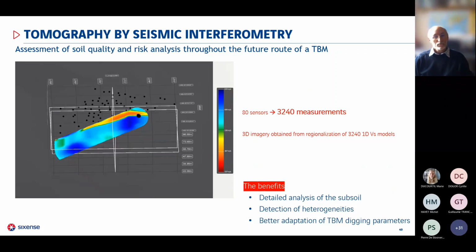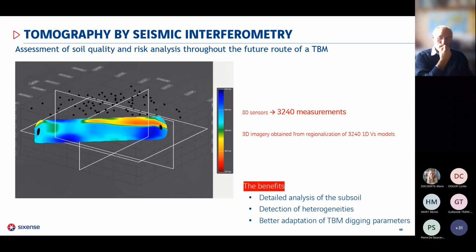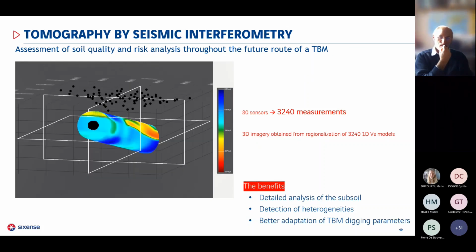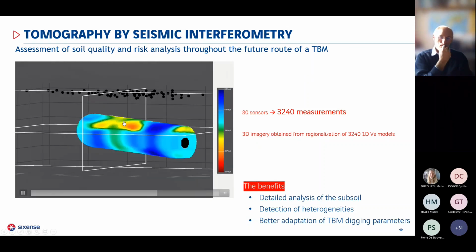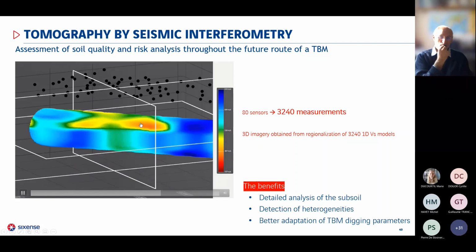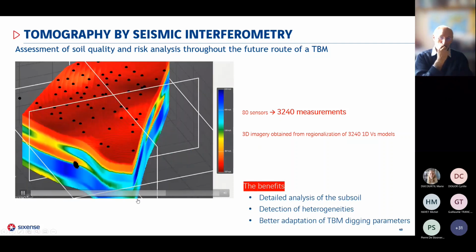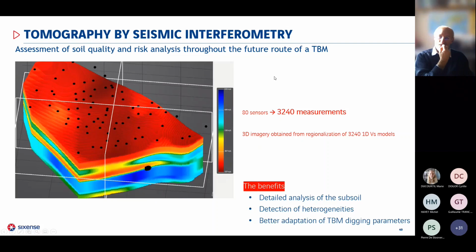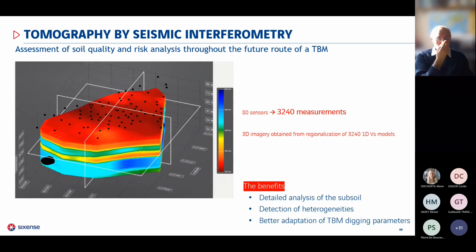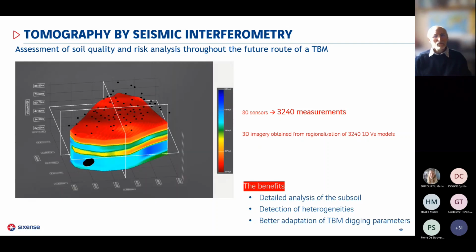So we suppose that the path of the future TBM crosses the layer of clay that we see here in red and yellow. And I could tell you that these results were very helpful for a better adaptation of the TBM digging parameters.